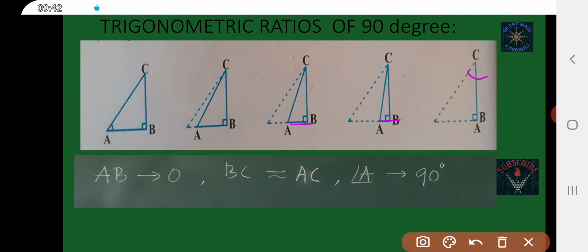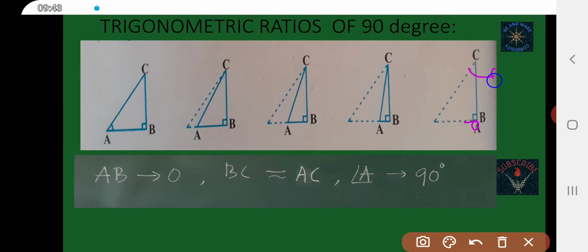The point A gets closer to point B. Finally, when angle A is very close to 90 degree, angle C becomes very close to 0 degree.